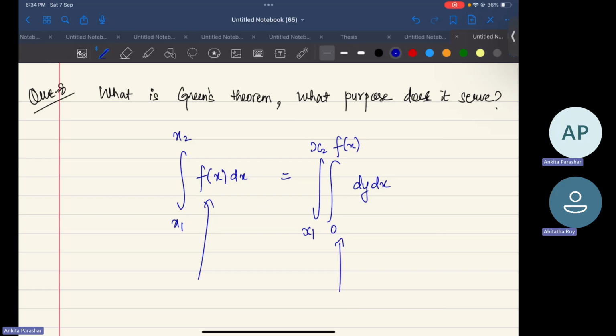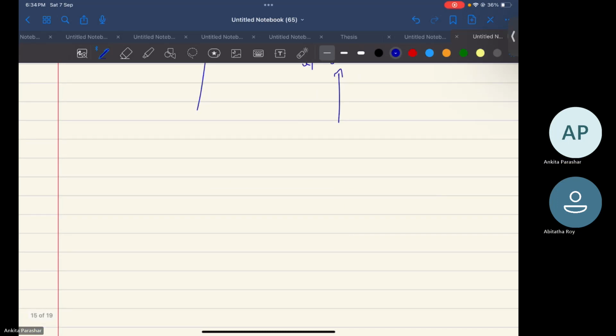Okay, without any further delay, let me tell you what this means. Green's theorem. Suppose we have R, a region in R2. Let me draw it.